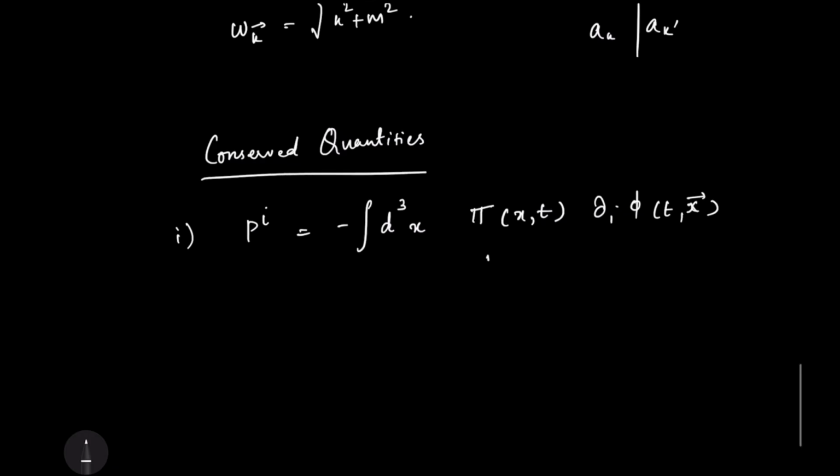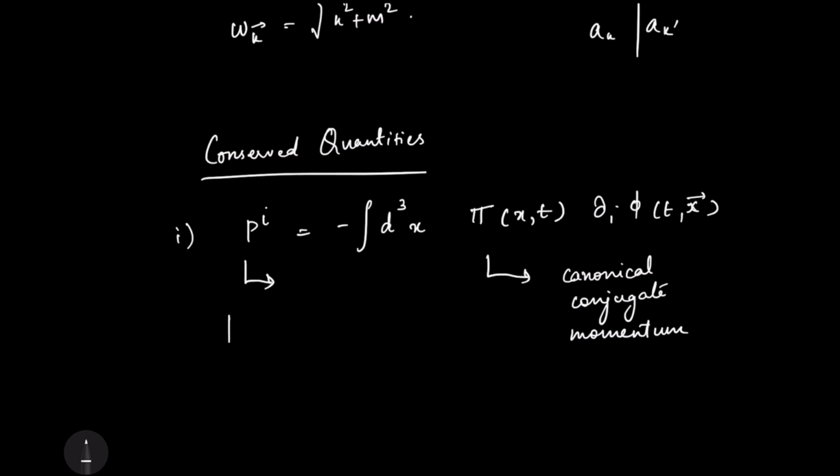So here this pi is the canonical conjugate momentum corresponding to the field, and P is the physical space-time momentum.